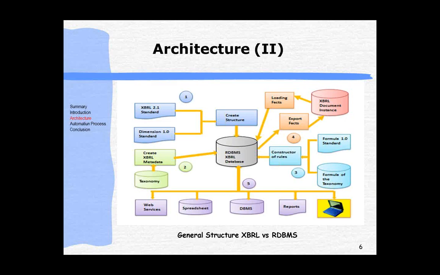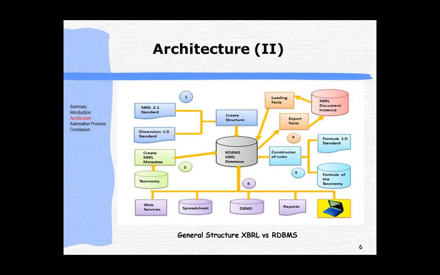But in parallel, we create the rules, a constructor of rules from the standard and the formula linkbase of this taxonomy. Then I load these rules, in this case because I am working with a database.